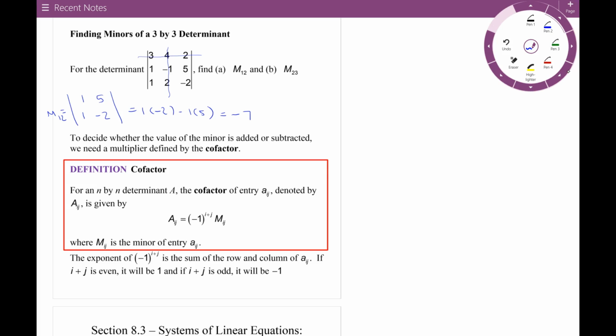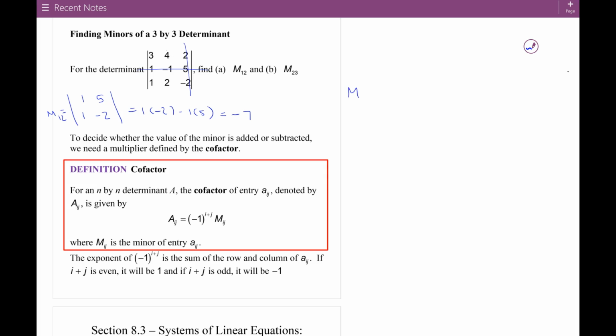And then M23, I cross out row 2 and column 3 and write what's left, the 2 by 2 determinant 3, 4, 1, 2, which is the number 3 times 2 minus 1 times 4, or 2. So that's a value that's called the minor.